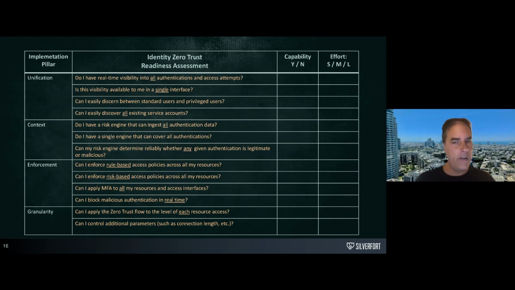And I think it's a very, very useful exercise to go through each of these and really try to figure out what's the answer here to all of these very important questions around identity zero trust. Which of these can you answer yes to? Which of these is the answer no? And if the answer is no, well, how much effort is going to be required in order to make that answer yes, right? Is it a small amount of effort, medium, large? I think this is a really useful questionnaire.